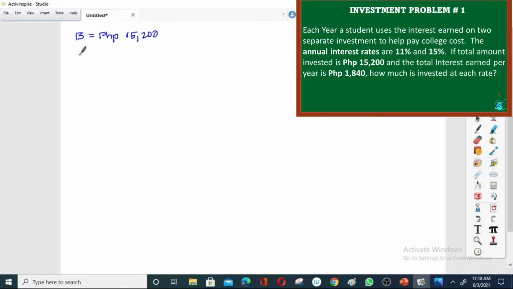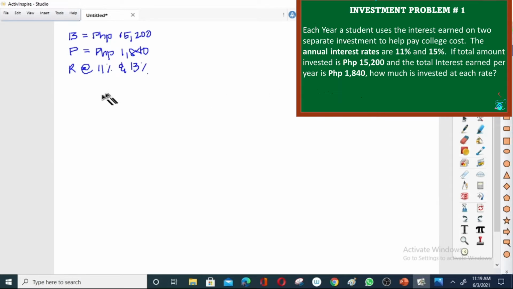And there is a total interest earned, which is our P. The total interest earned, in terms of pesos, is 1,840. The interest rate R is 11% and 13% annually.